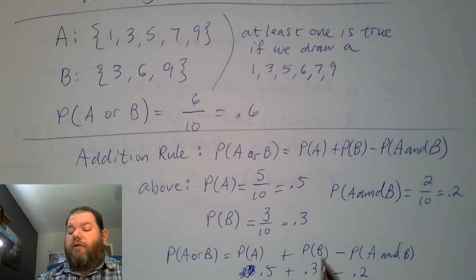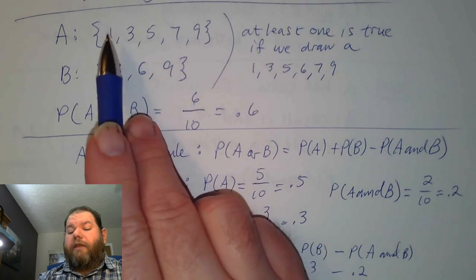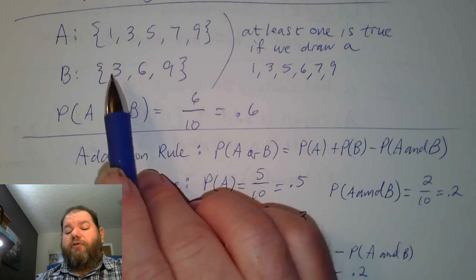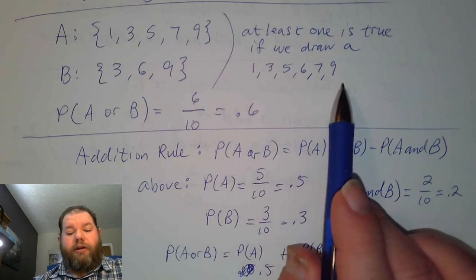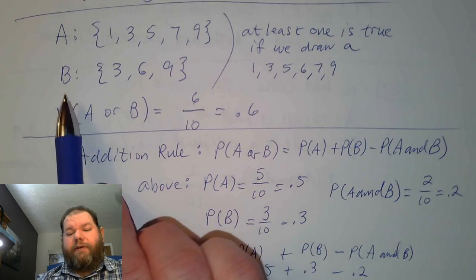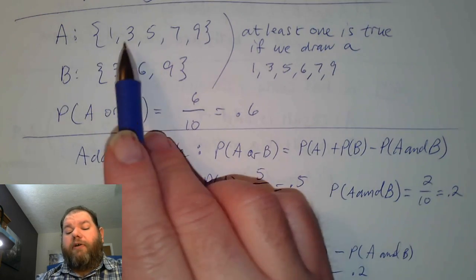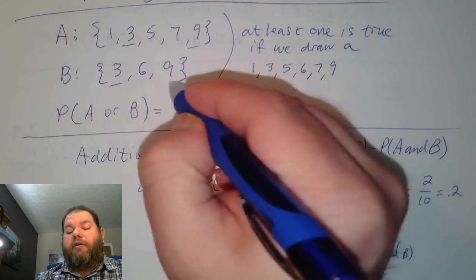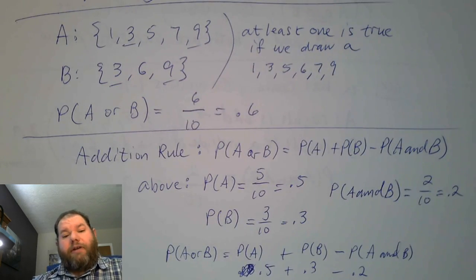So that's 5 numbers, that's 3 numbers. Combined that makes 8 numbers, but because of that repetition, there's only 6 different numbers between these two events because of that overlap where the 3 and the 9 are part of each set of outcomes.